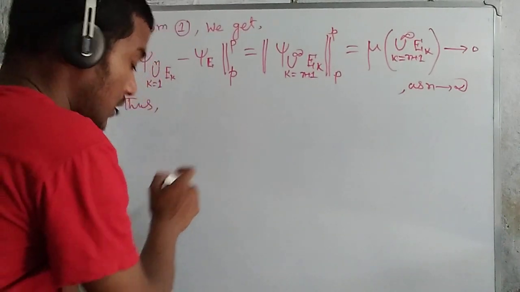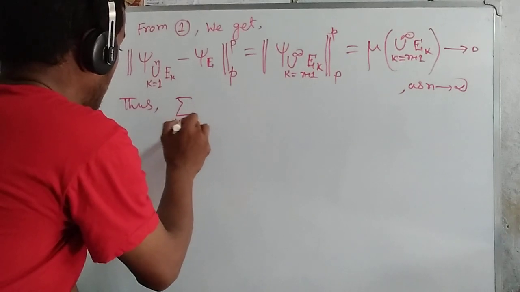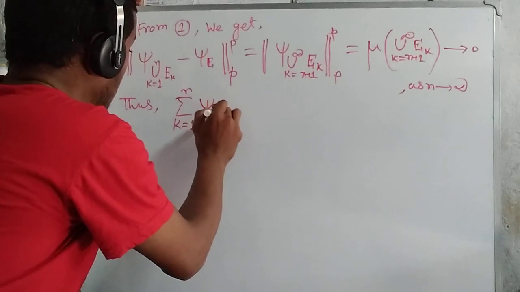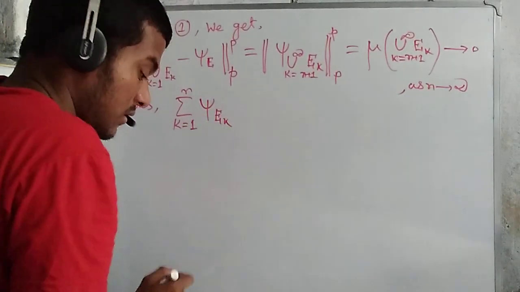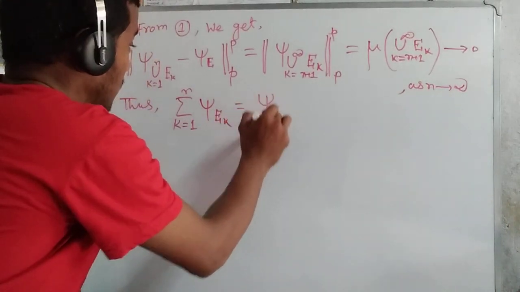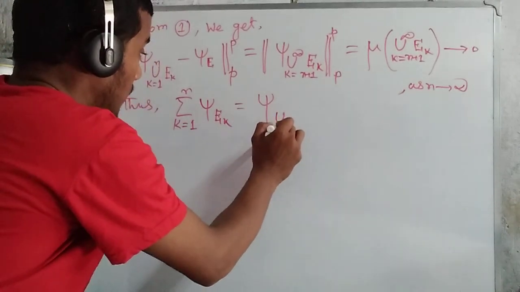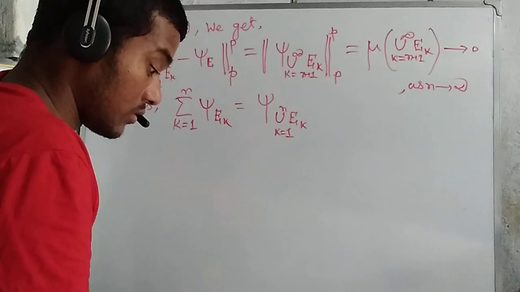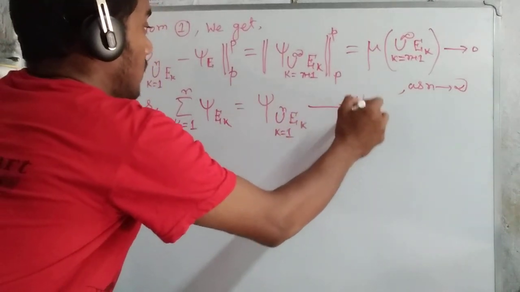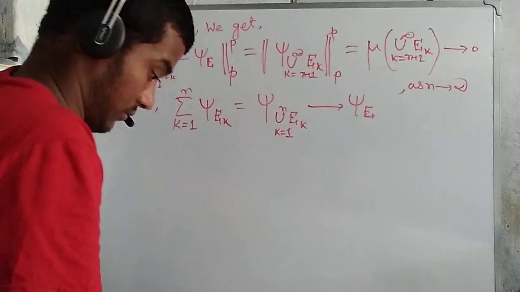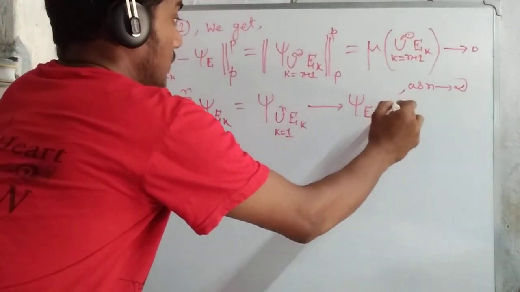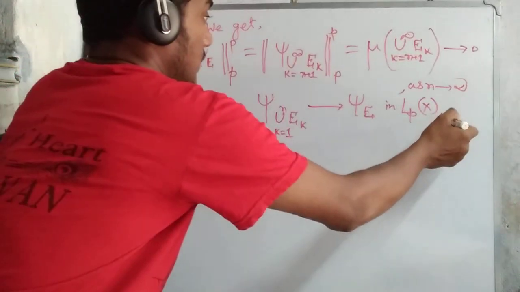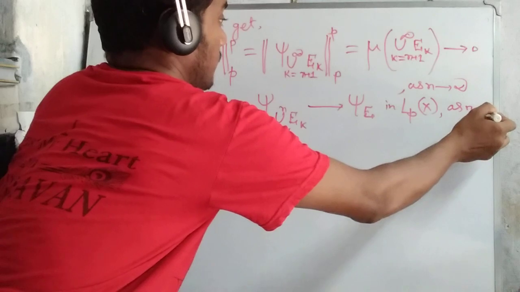Thus summation k = 1 to n psi of Ek equal to psi of union of k = 1 to n Ek converges to psi in Lp(X) as n tends to infinity.